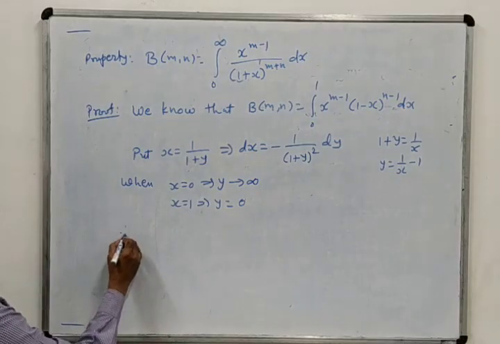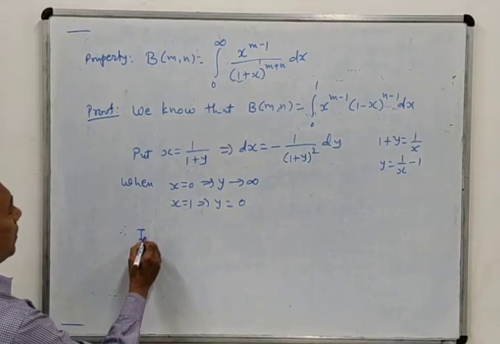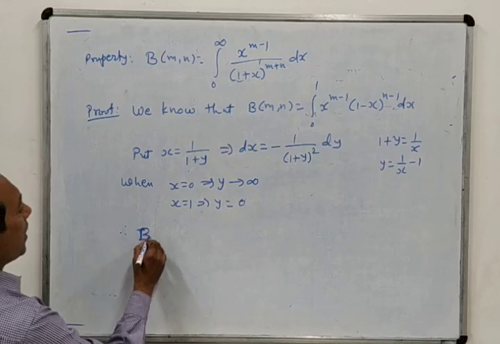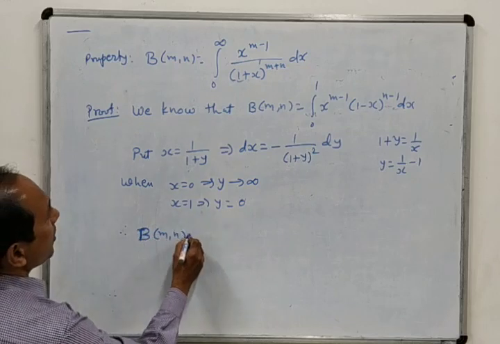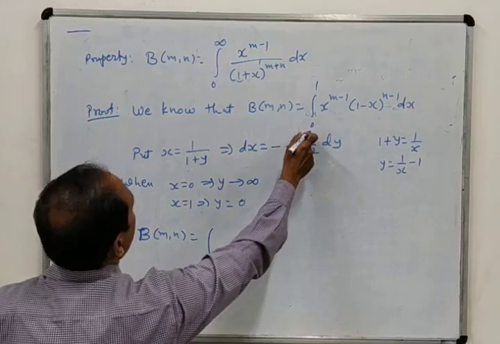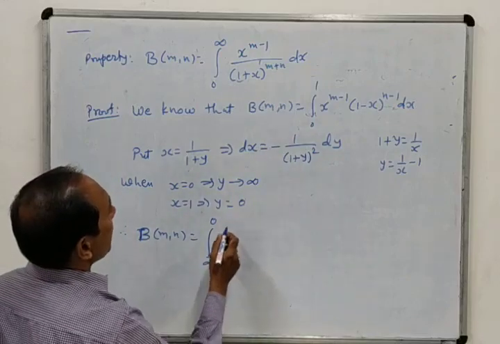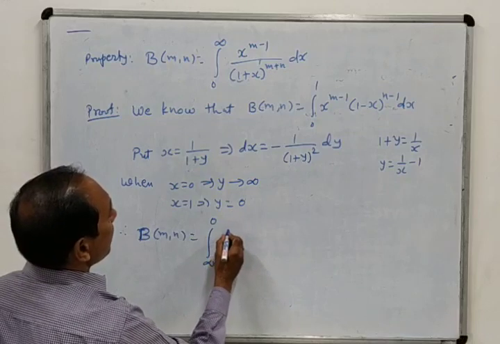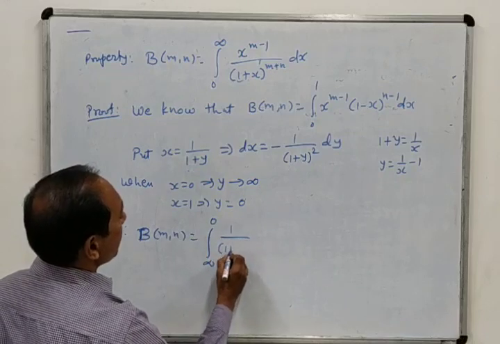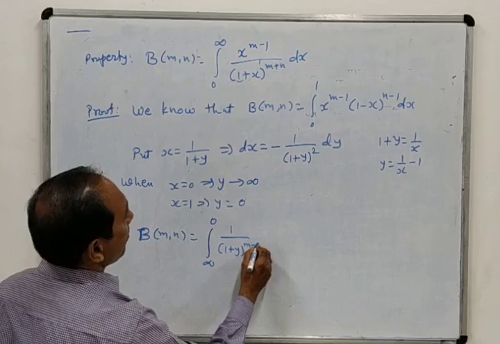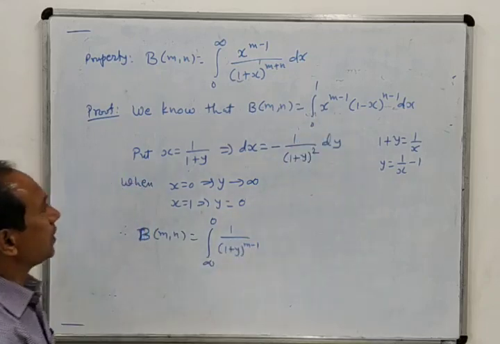And therefore our problem will become, beta(m, n) equal to, these limits will become now infinity and 0. x raised to m minus 1. But what is x? x is 1 upon 1 plus y. So (1 upon 1 plus y) whole raised to m minus 1, if we put over here.